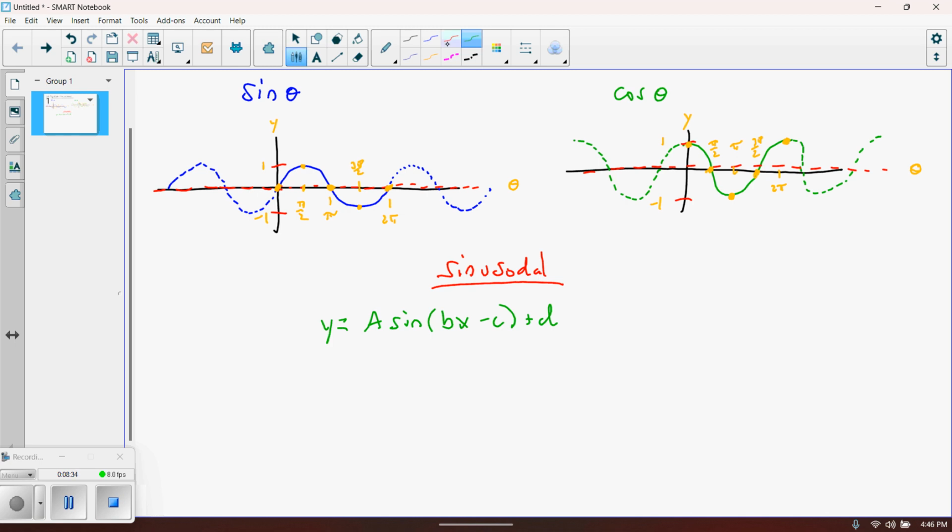So again, your book has it as y equals A sine of omega x, and then I'm going to leave minus c and plus d, and I'm going to explain what all these different pieces are. Capital A is what is called the amplitude.